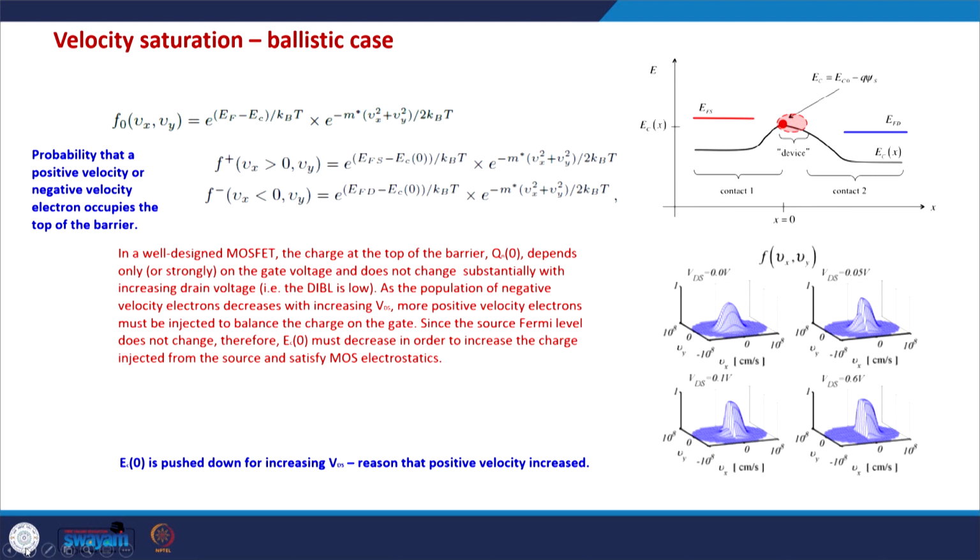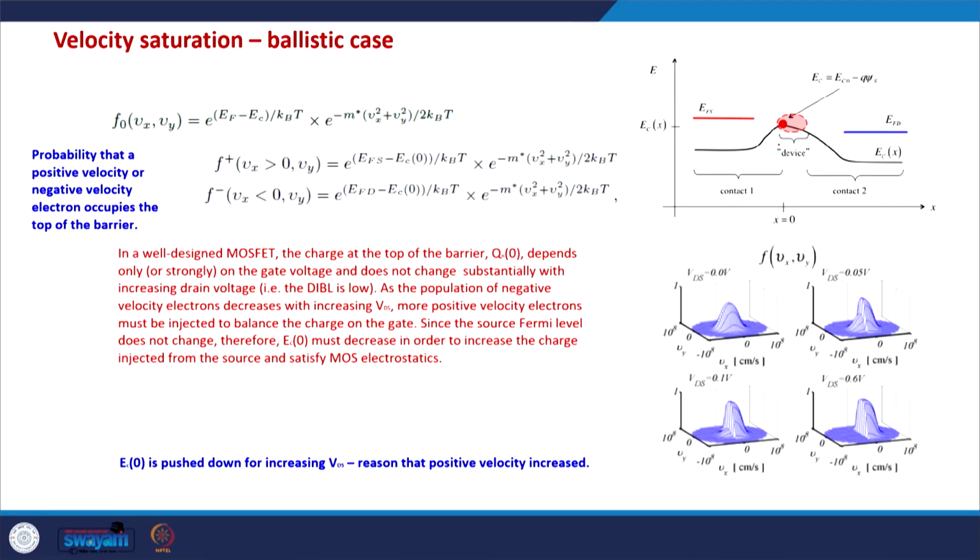What we could see, one of the most important discussions in the MOSFET transport, is that the MOSFET is a barrier control device. So there is a barrier from the source to the drain in the MOSFET, and the velocity at the top of the barrier is very important, and we tried to understand the saturation of velocity in ballistic MOSFET.